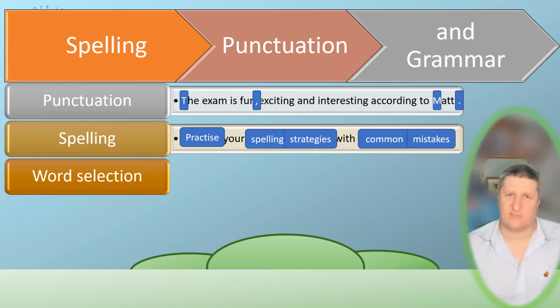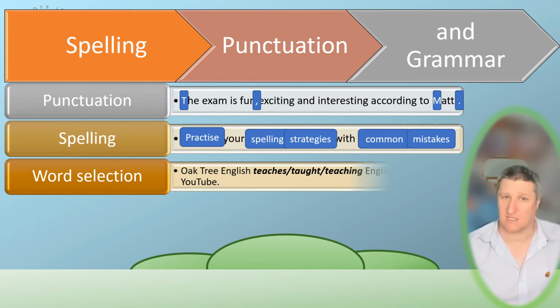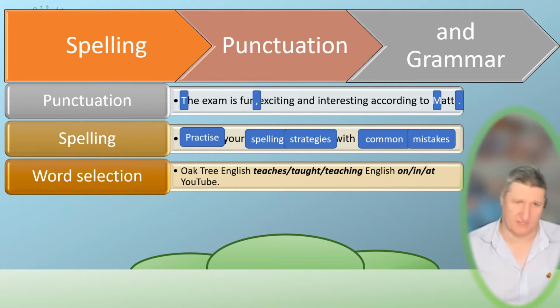So you're given a sentence with 3 options, or a text, it could be a paragraph, with 3 options to fill a particular space. For example, here we go. Oak Tree English teaches, taught or teaching English on, in or at YouTube.